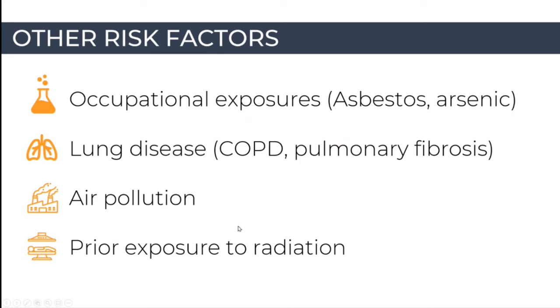Other risk factors, there are certain occupations that increase the likelihood of exposure to certain carcinogens such as asbestos, arsenic. So people who work in all kinds of mines, mills, textile plants, places where insulation is very heavily used, shipyards. So that's where asbestos is very heavily seen. Also increases the risk of a different type of cancer called mesothelioma, which is a cancer of the lining of the lungs.